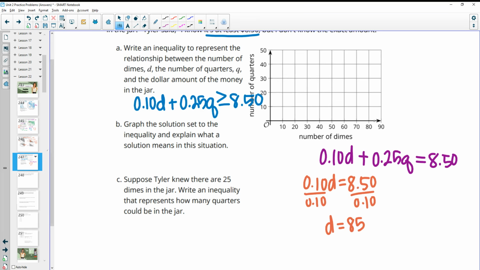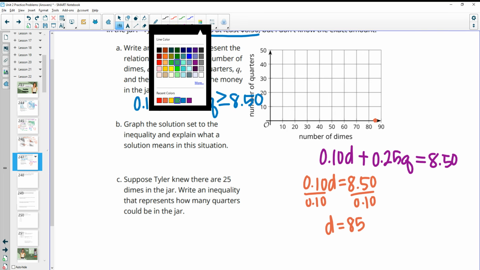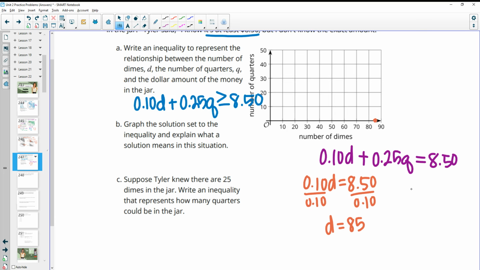Then if we had all quarters, so if there were only quarters in here to equal out to $8.50, we'll divide by 0.25 and find out that we would need 34 quarters to get to $8.50. So 34 quarters would be about here, so 0.34.